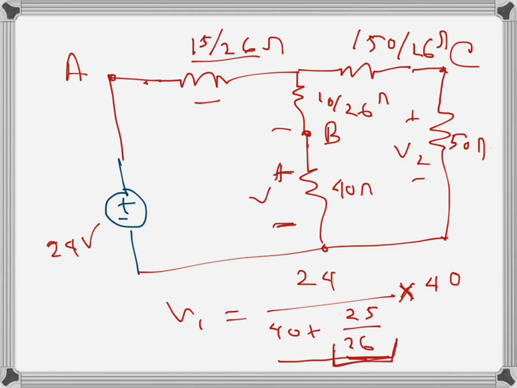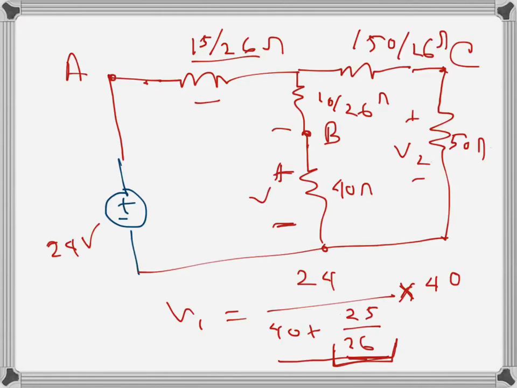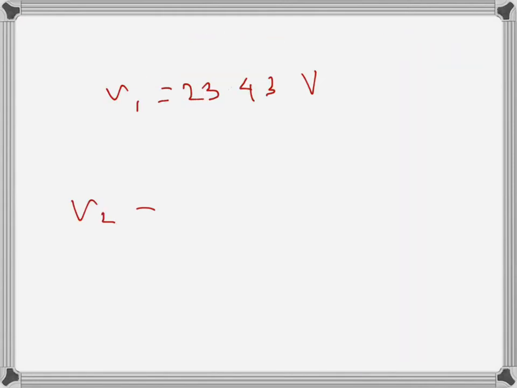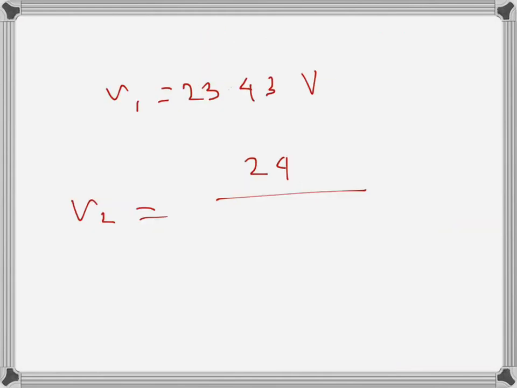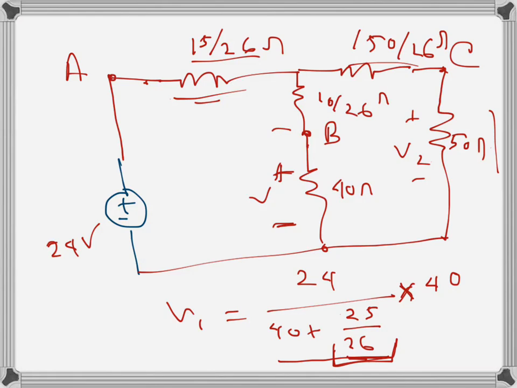When we solve that, what I got is 23.43 volts. Similarly V2 will be 24, again the same voltage, divided by these three resistances: 50 plus 15 over 26 plus 150 over 26.